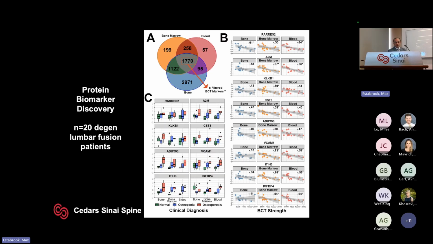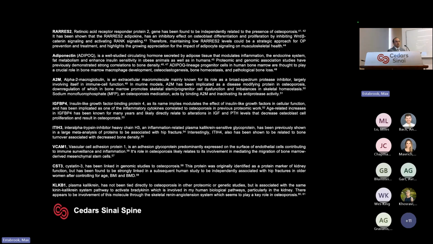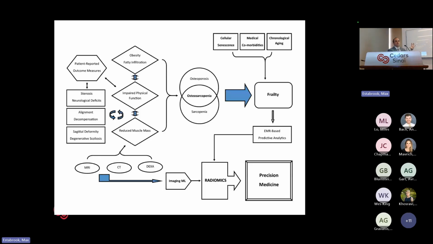And so I won't belabor that, but some of these are adipokines, not surprising, like adiponectin. Some of these are cell adhesion molecules. Some are inflammatory molecules. So this is not really meant to be like, know all these things, but this is where we're hoping to go with this. Identify protein markers, tissue level data, multi-omics that we can then feed back in, and not just have radiomics be this, but combined with these things, and really start to predict better who is going to have a good outcome and who's not.